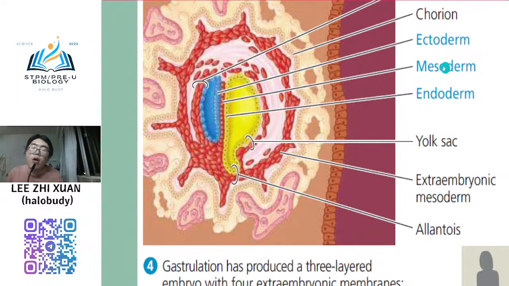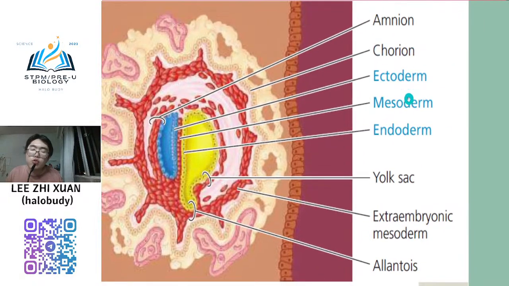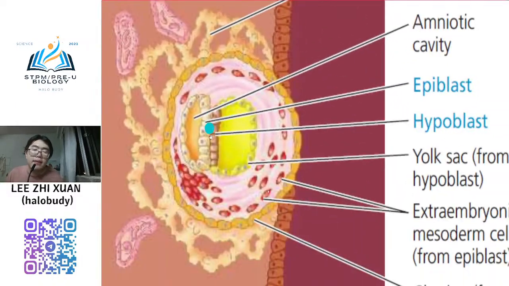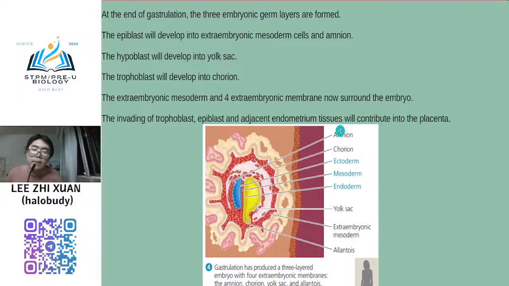All three of these layers develop from the epiblast, the inner layer one. All three. The hypoblast does not take part in any germ layer. You need to remember that it is only the epiblast.